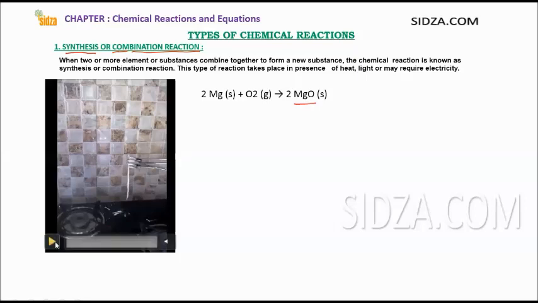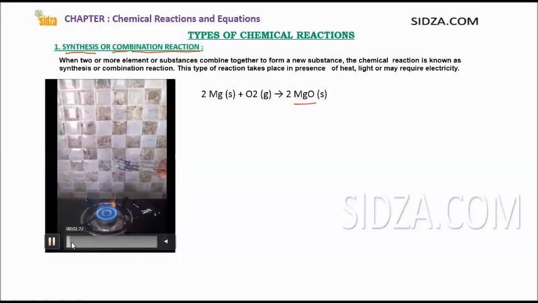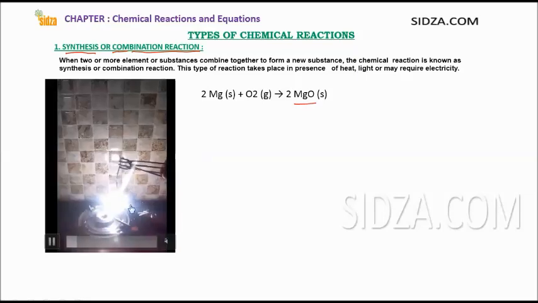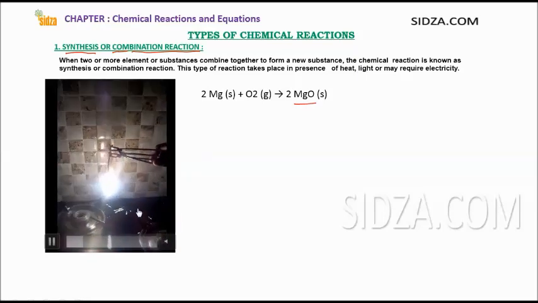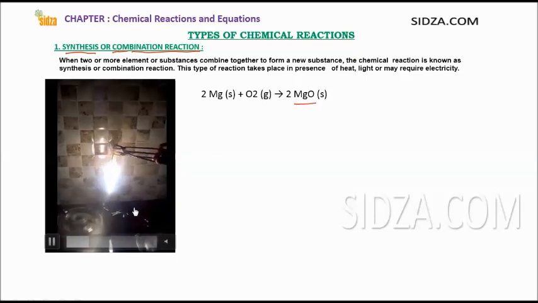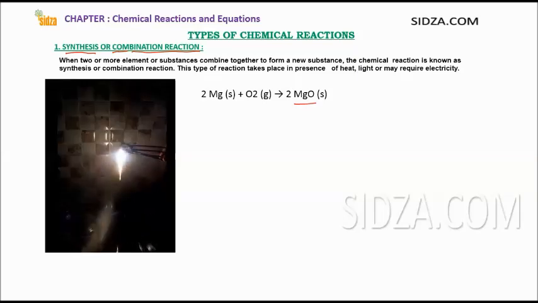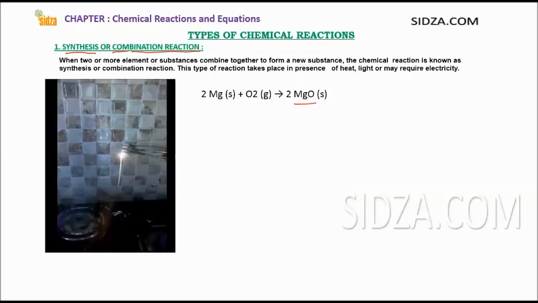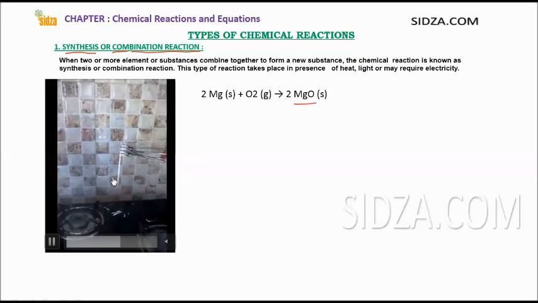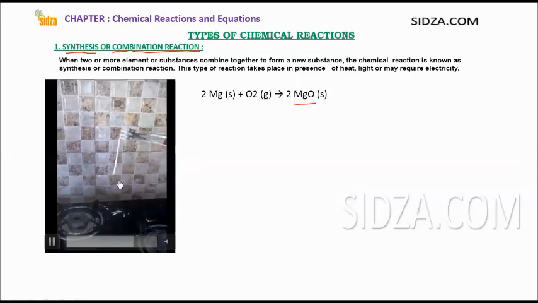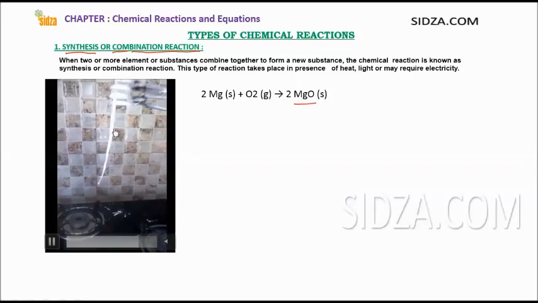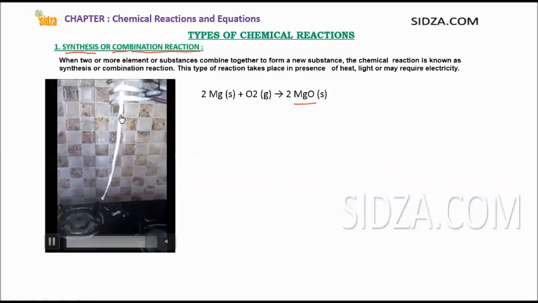If you want to look at this video again, you can just see it right here. Just see how the magnesium burns. So this is the magnesium oxide, and you are left with the magnesium oxide.